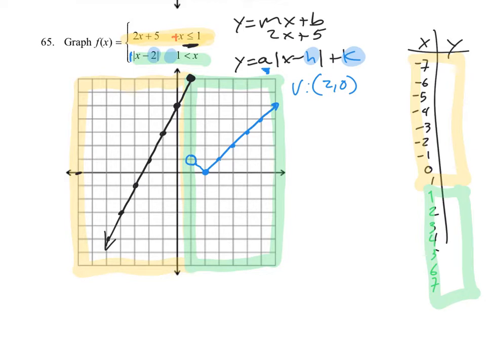That's the graph. Now, if you were to go through and plug in these points, obviously the yellow numbers you plug into the yellow equation, you'd get some y values. The green numbers you plug into the green equation. Well, you would get the points on this graph. Let me just demonstrate that for you quickly. Let's pick a random number like -5. If you plugged in -5 up here, -5 times 2 is -10. -10 plus 5 is -5.